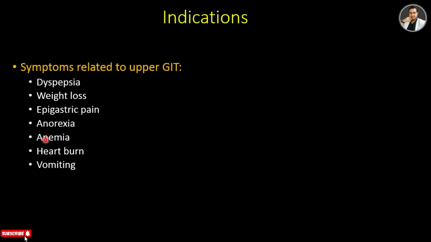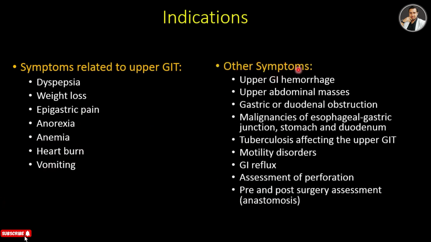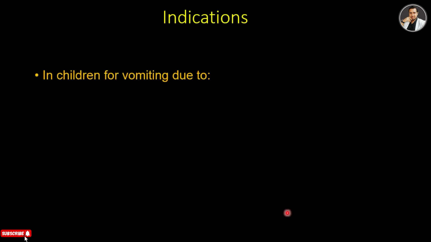You know that anemia is a condition where the hemoglobin count reduces below the normal range, and then heartburn, vomiting, and other symptoms of the upper GI tract, gastrointestinal hemorrhage, upper abdominal masses, and gastric or duodenal obstruction, then malignancies, tuberculosis, motility disorders, GI reflux, assessment of perforation, and pre and post surgery assessment.